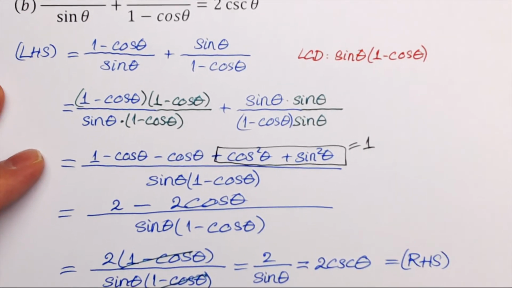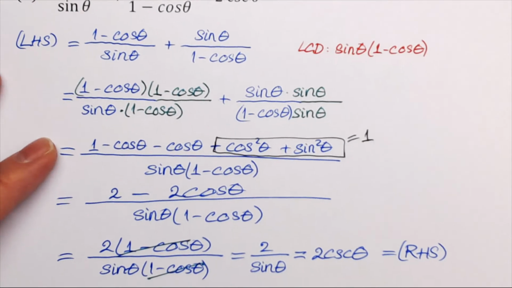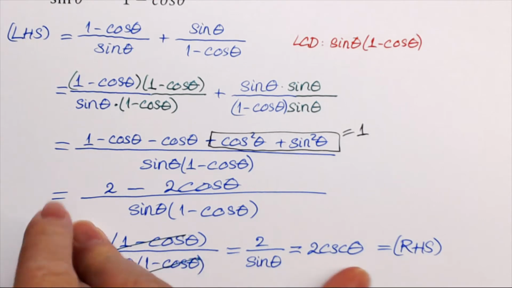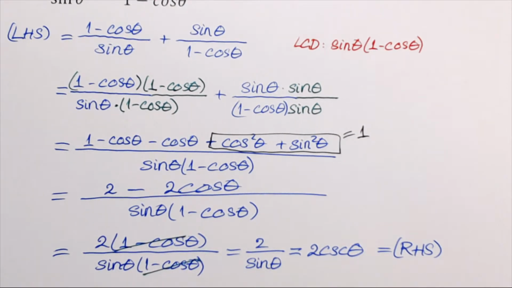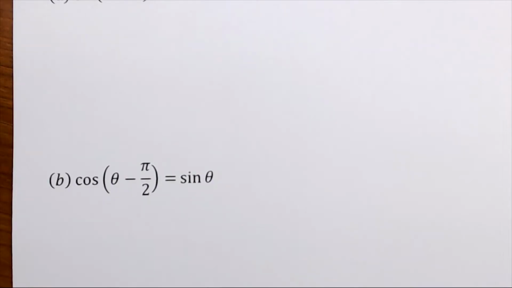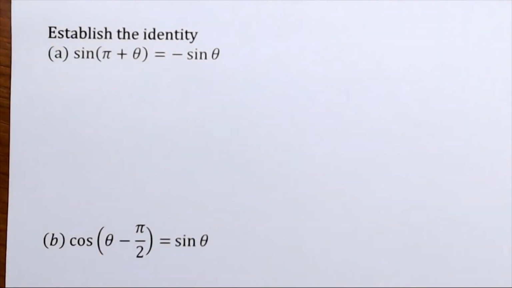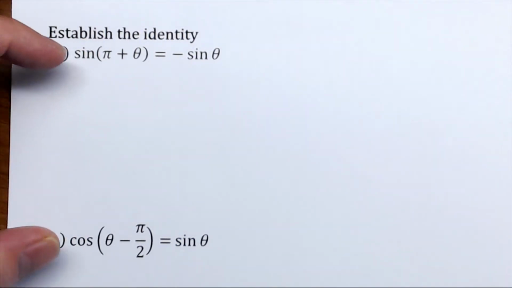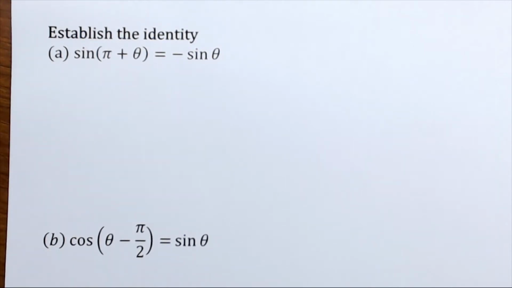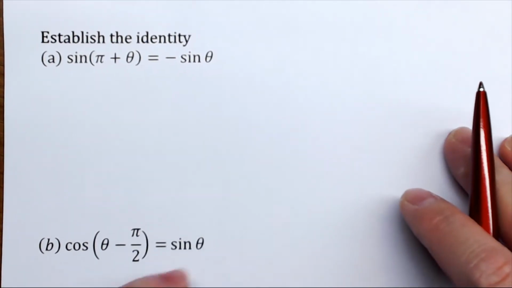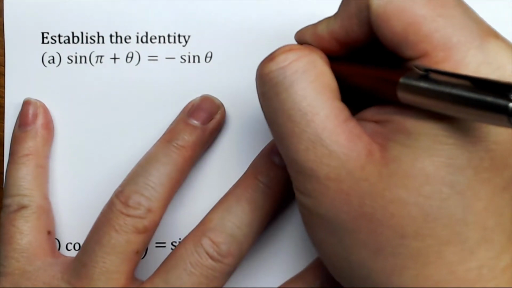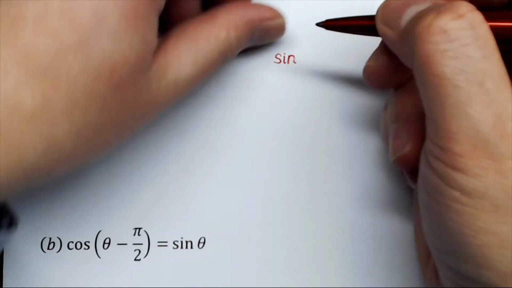And to combine this, we use the least common denominator. I multiply that top and bottom. Right. So we need to have that at the denominator.